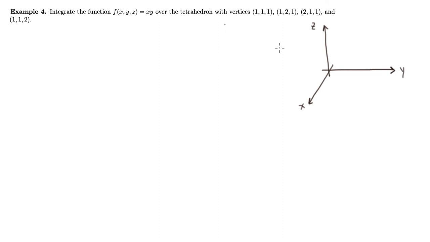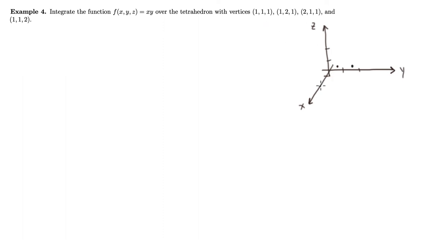So the vertices of this tetrahedron are here. So if I put 1 and 2 on all of my axes, okay, I can plot the point (1, 1, 1) right here. And then I can plot (1, 2, 1) right there.